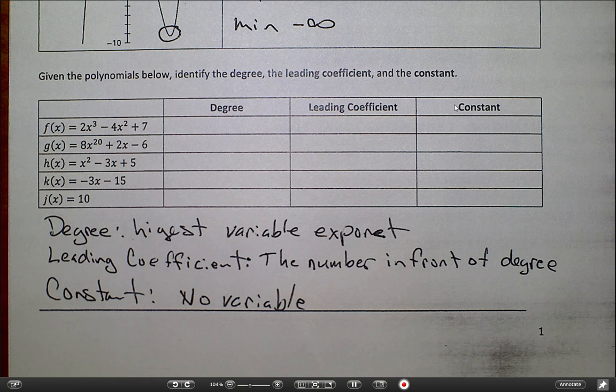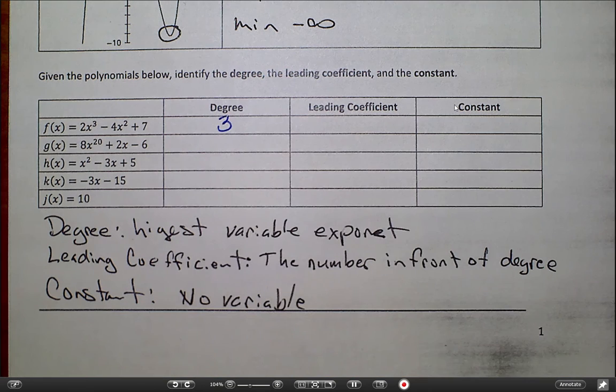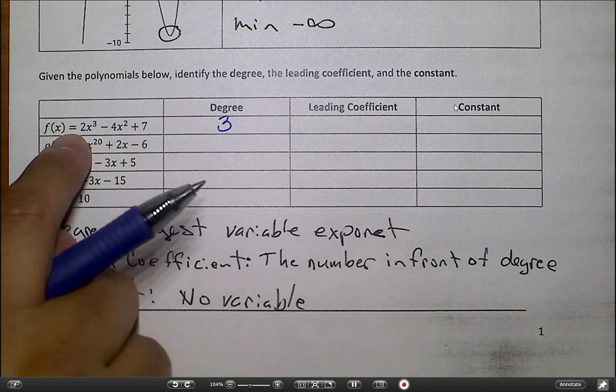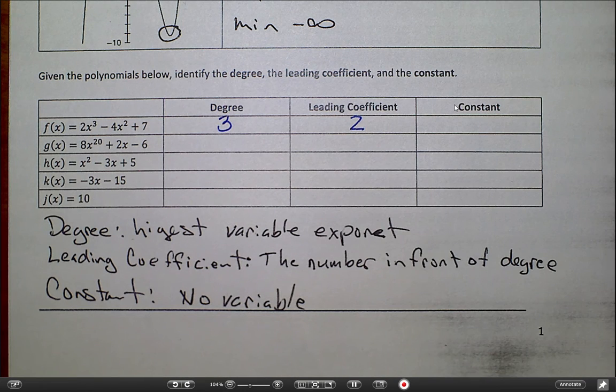All right, so it says degree is the highest variable exponent. Let's look at the f of x. What is the largest exponent? 2x to the third, right? The exponent is 3, the highest variable exponent. So this is a 3. Leading coefficient, the number in front of the degree: just 2. The constant.